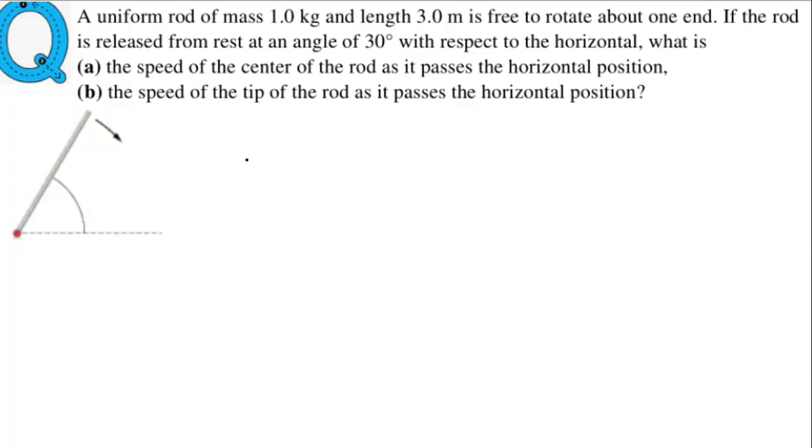We can write energy conservation for this rod: mechanical energy initial equals mechanical energy final. Height of the center of mass compared to the tip of the rod is h/2.